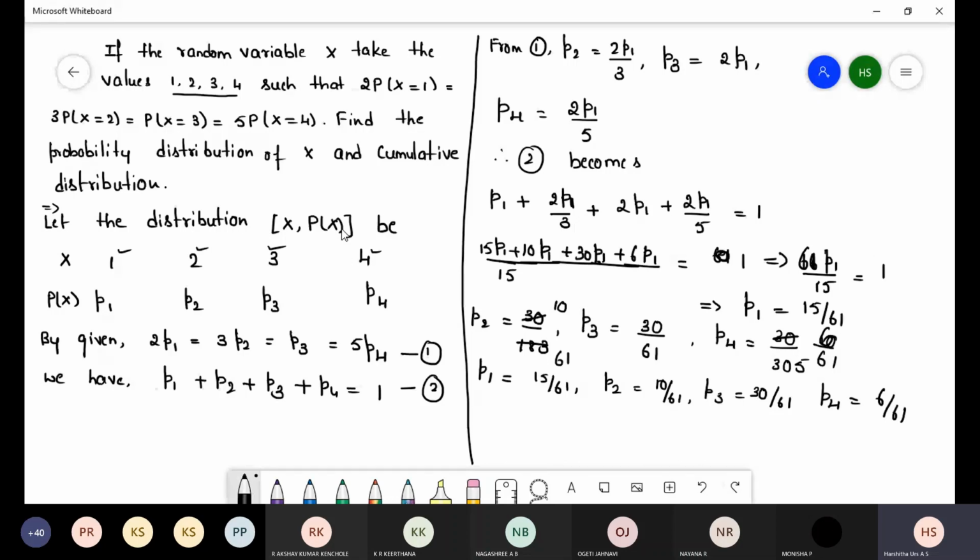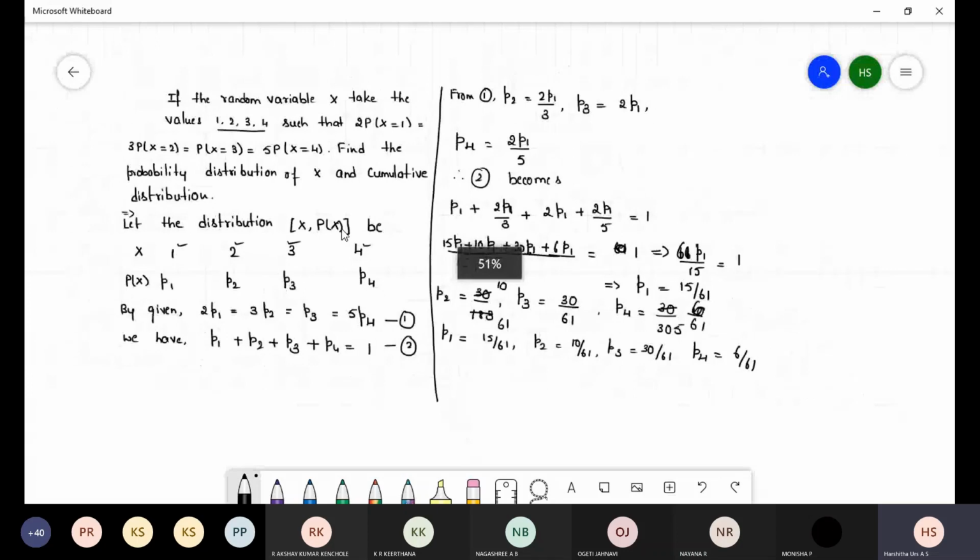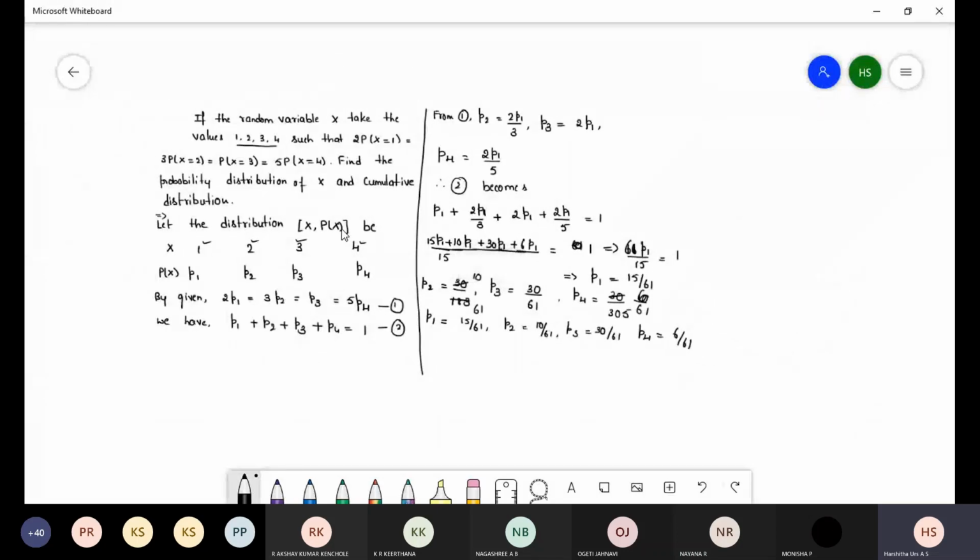Now they asked one more thing for us, that is cumulative distribution. What is the distribution? Here I write x value.